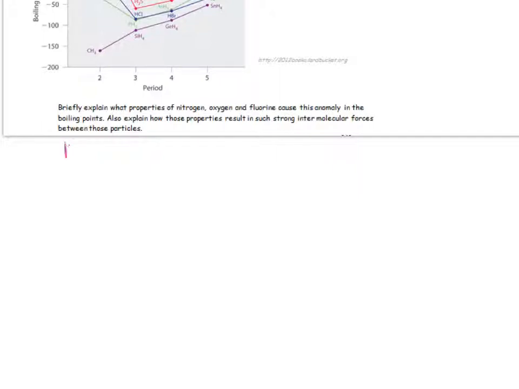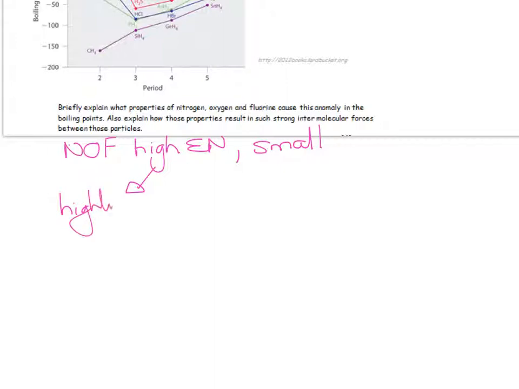So the first one is that the NOF gases have high electronegativity. They are also very small. Therefore, because of the high electronegativity, highly polar molecules form when they bond with hydrogen, so hydrogen nitride, which is ammonia, hydrogen oxide, which is water, hydrogen fluoride, which is hydrogen fluoride.